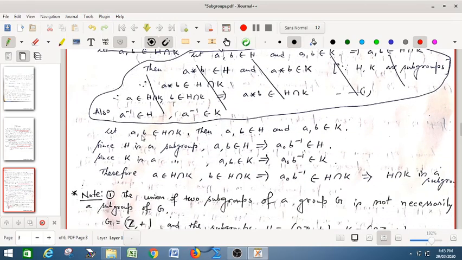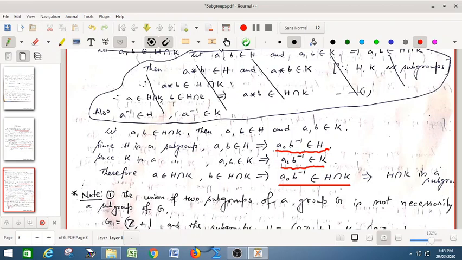Now a, b belong to H intersection K, then ab belongs to H as well as ab belongs to K. Now H is a subgroup, so we can easily say from the necessary and sufficient condition that a composition b inverse belongs to H and a composition b inverse belongs to K. So naturally a composition b inverse belongs to H intersection K, which implies H intersection K is a subgroup.